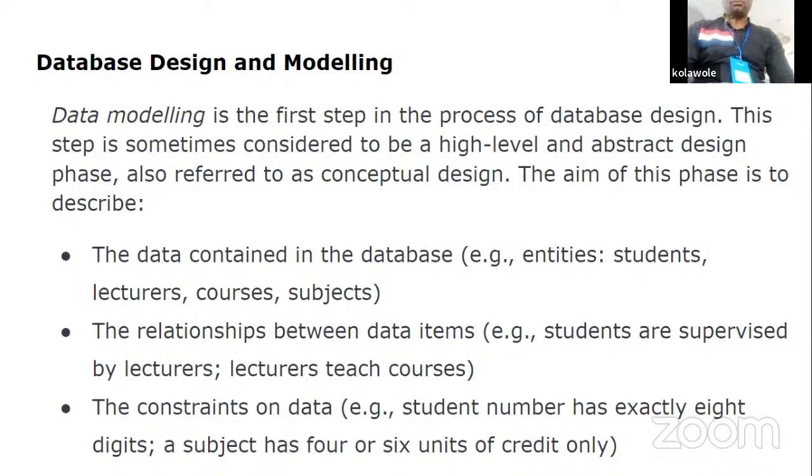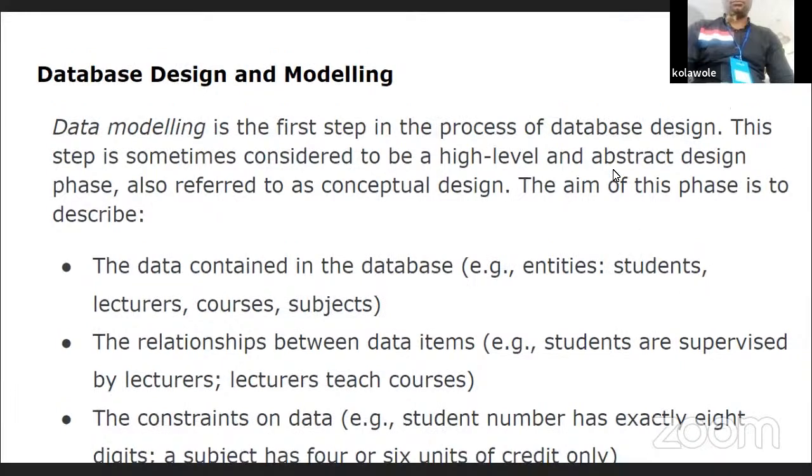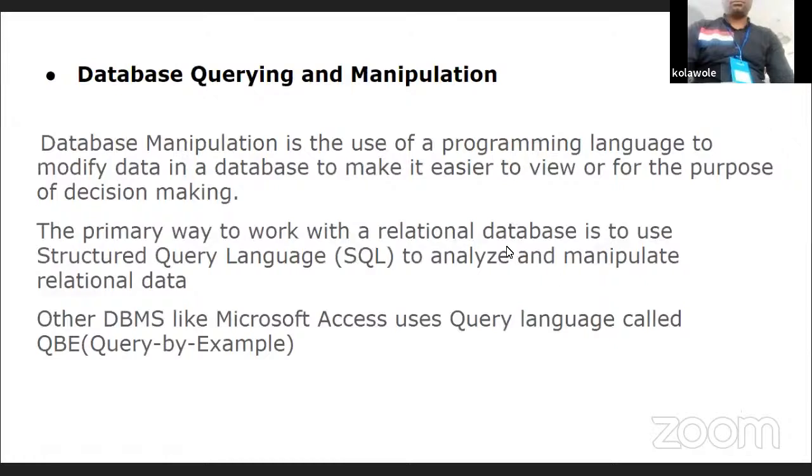We must make sure that the length of the character, for instance, the student name, will be exactly or more than 8 alphabets. So that's what I mean by constraint. A subject has 4 or 6 credit units. So that is what is meant by constraint.